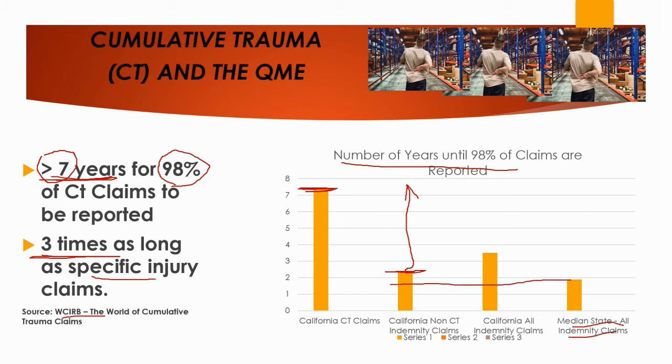You can see that these two graphs are roughly parallel, but it's the cumulative trauma injury claims that skews the graph for California all claims because of the great delay under which these claims for cumulative trauma can be filed.